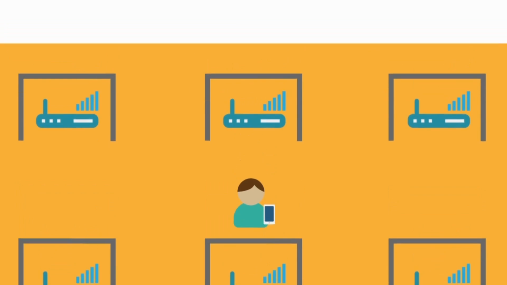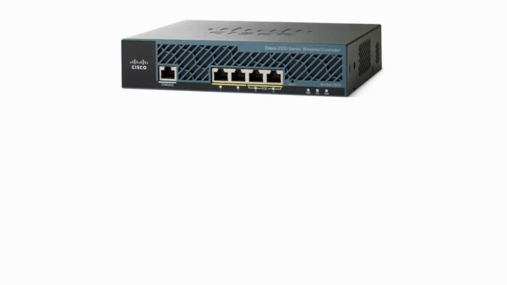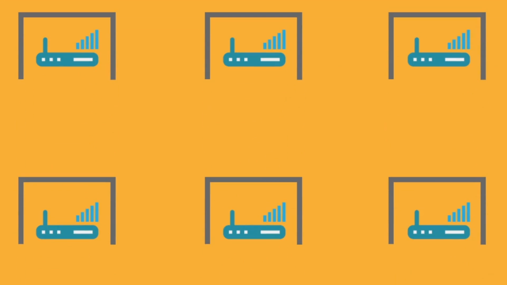Luckily, enterprise networks use a device called a Wireless LAN Controller, or WLC, that manages all the access points in a network. The typical enterprise wireless controller will be in a network closet and connected to a switch. The controller can then communicate with and manage each of these APs. In addition to managing configuration settings, the controller can also manage client connections and manage AP loads.